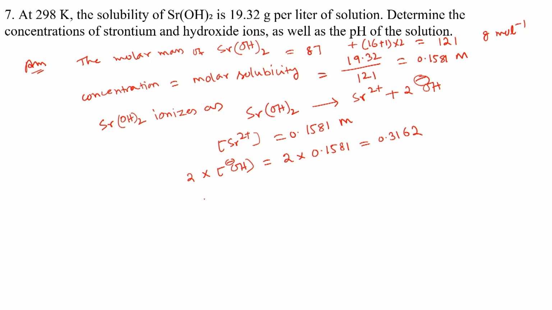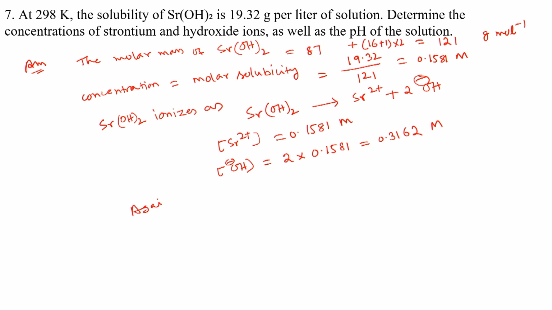So this is the concentration of OH minus, because 0.1581 mole SrOH2 gives 0.1581 mole Sr2 plus and 2 times 0.1581 moles of OH minus. So we get concentration of OH minus is 0.3162 mole.